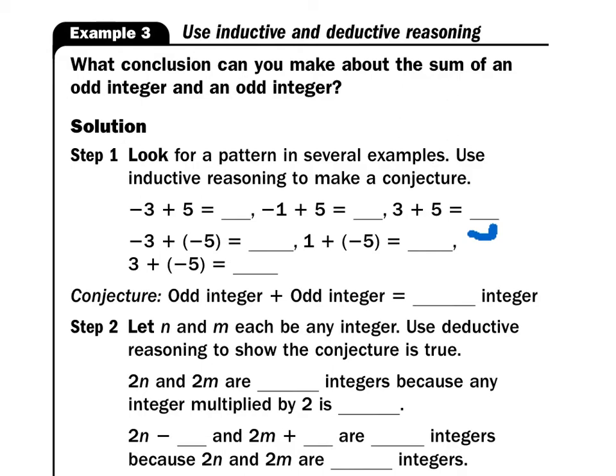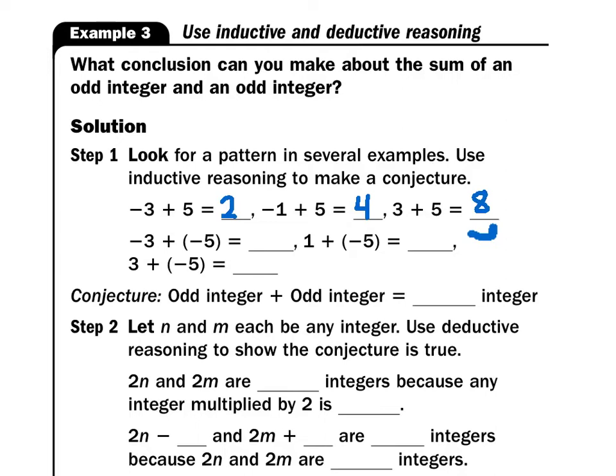Negative 3 plus 5 is what? 2. Negative 1 plus 5 is 4. 3 plus 5 is 8. Ooh, do we start seeing a pattern here? What do we know about 2, 4, and 8? They're even numbers, aren't they?